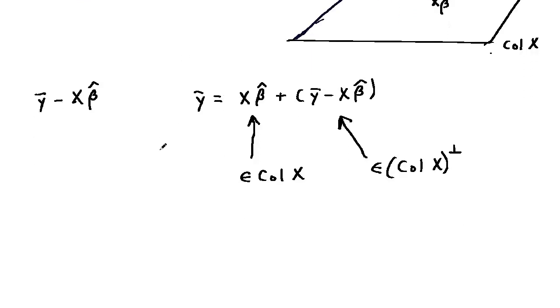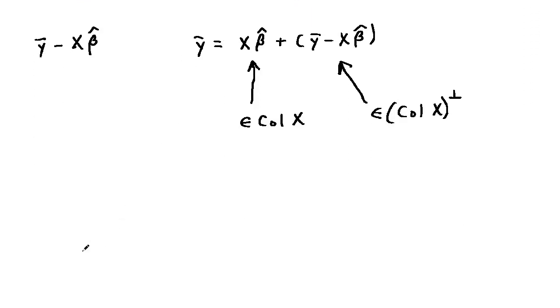Well, R^n can be broken into two subspaces: the column space of X and the orthogonal complement of the column space of X, written like this, where this is the subspace of R^n consisting of all vectors that are orthogonal to the vectors in the column space of X.